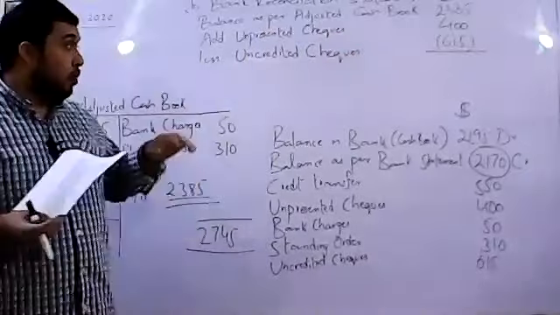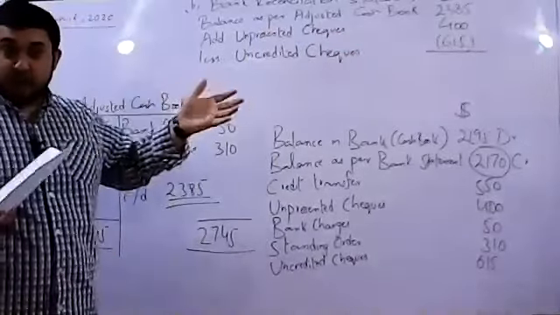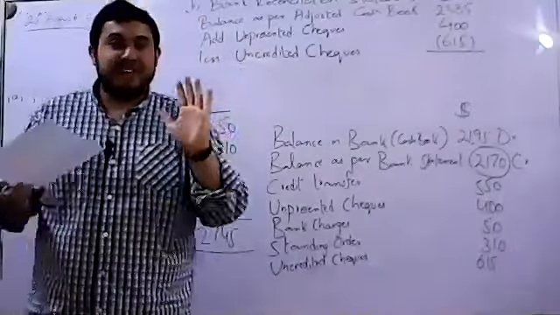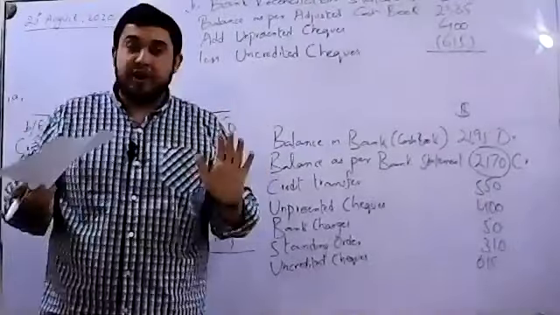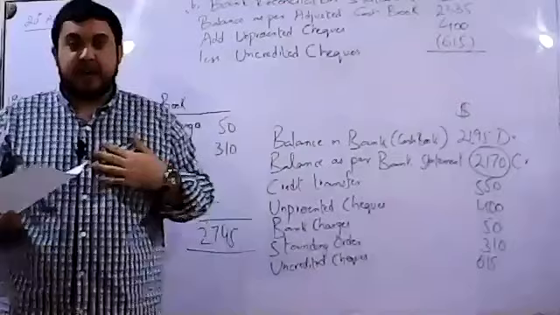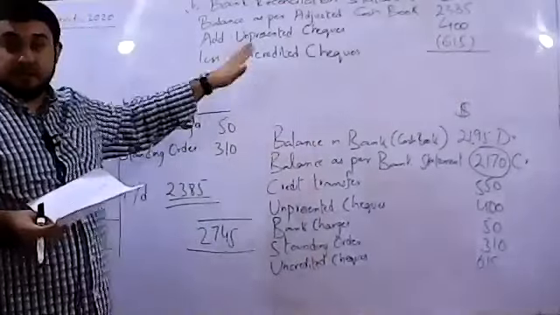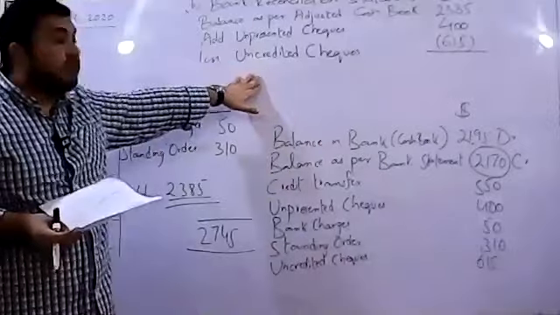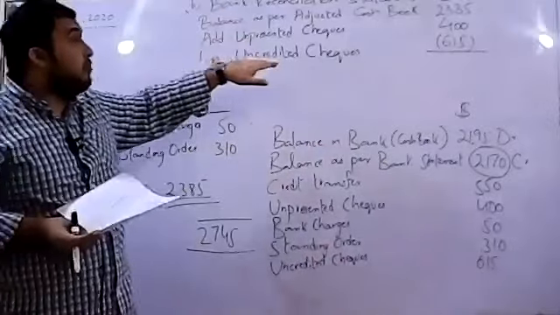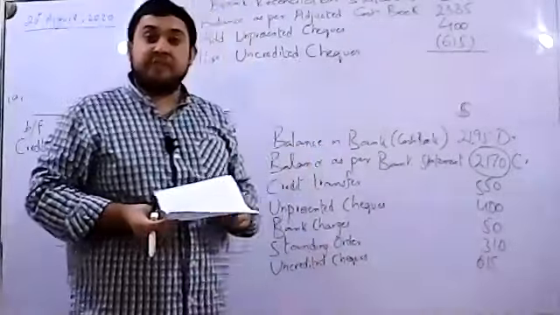So what to do now? If the bank hasn't recorded it, because our bank account shows that the funds are not yet transferred into our bank account, then due to no transfer of funds from the customer's account, we would deduct this balance, 615.